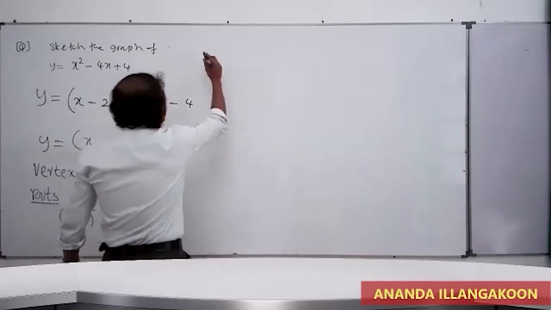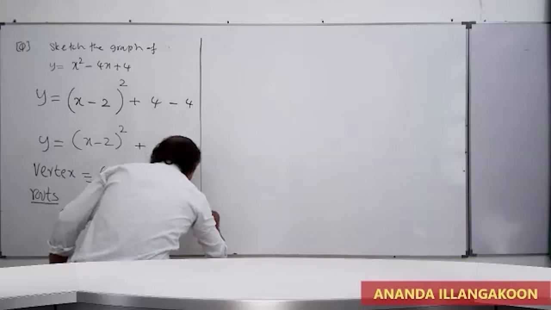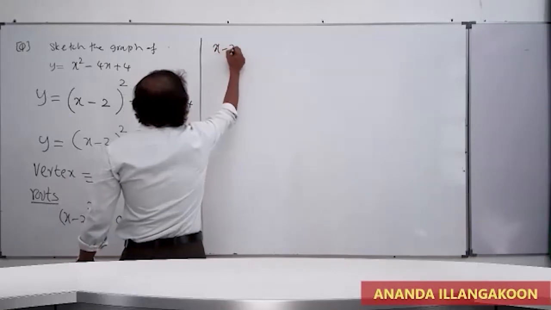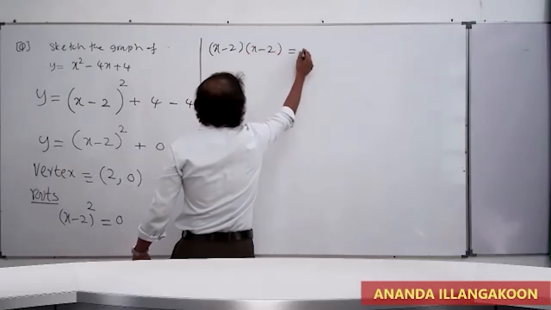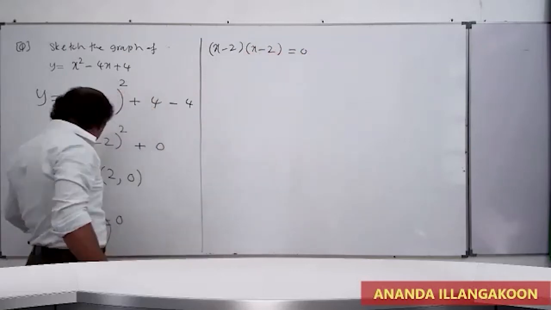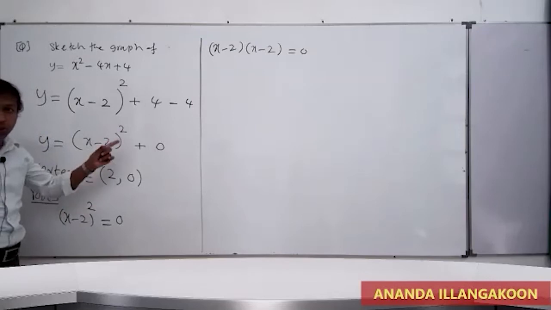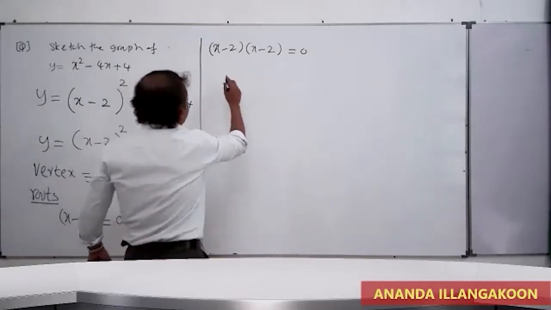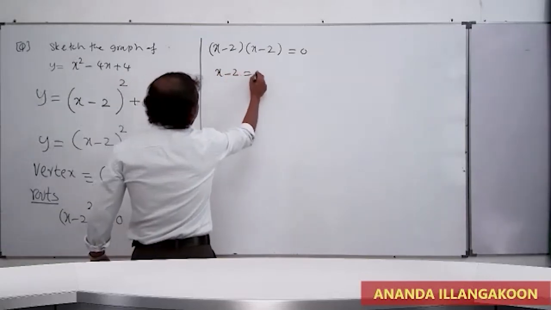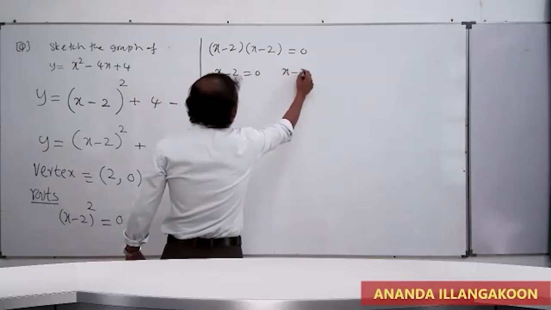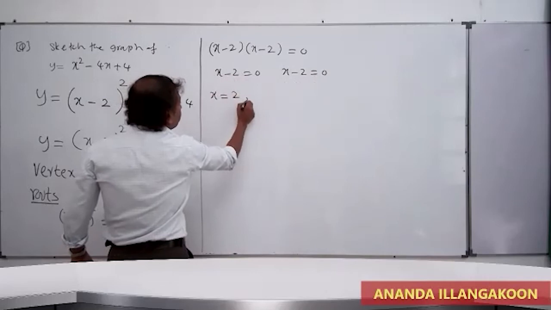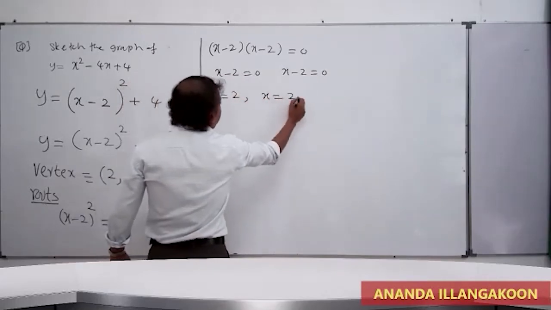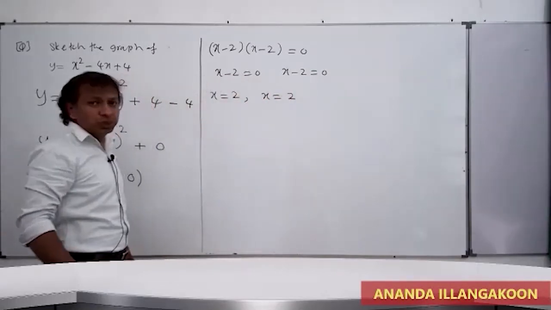This (x minus 2) perfect squared means (x minus 2) into (x minus 2), and that is 0. So what do you get? x minus 2 is equal to 0. Again, x minus 2 is equal to 0. Then we have, people, two roots which are equal now. x equals 2, x equals 2.